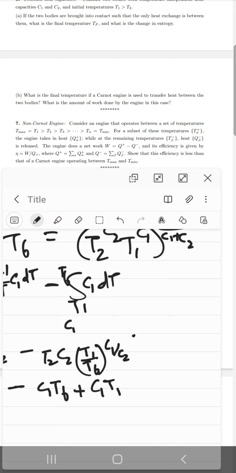Plug that in. So just have t1 power c1 plus c2, and some stuff cancels. So just get t1 power c2 upon tf upon t2 power c2, right? The power of c1 upon c2 times c1 plus c2. So this cancels with this stuff. Let's just get this.